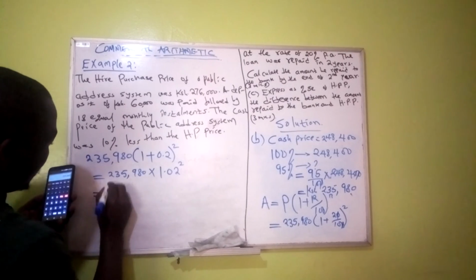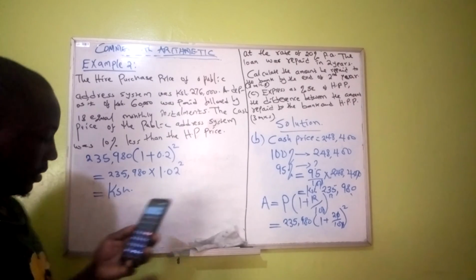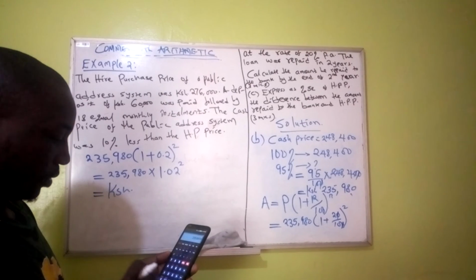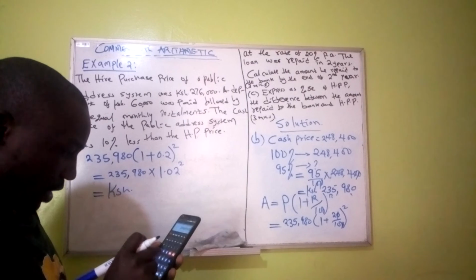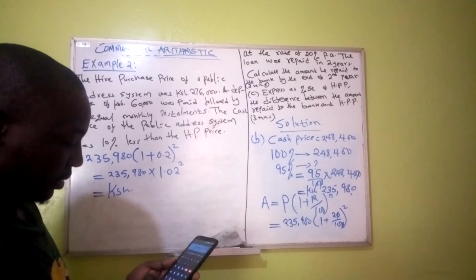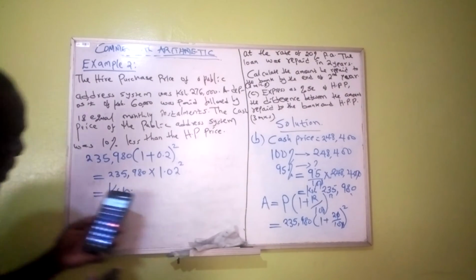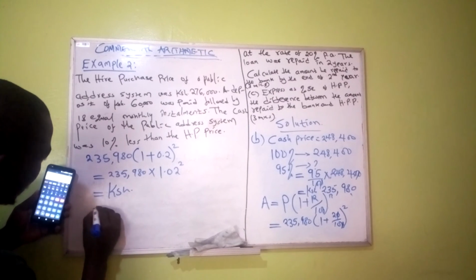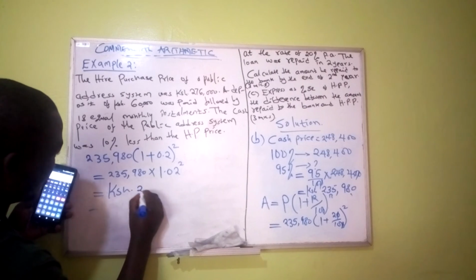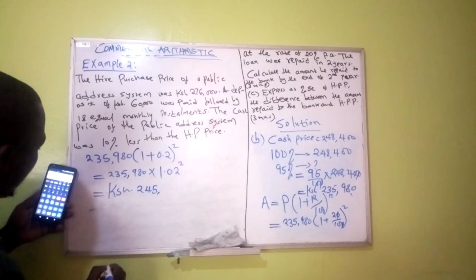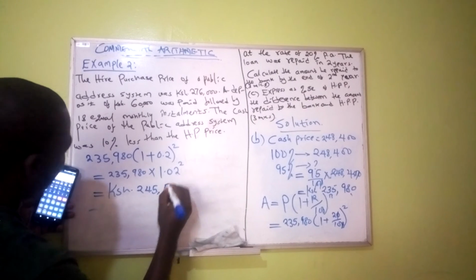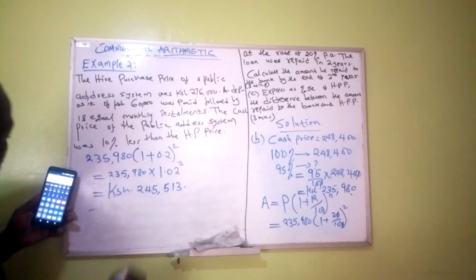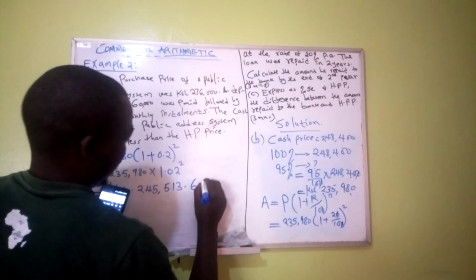The answer will be in Kenya shillings. 235,980 times 1.2, squared. You get 245,513.60.